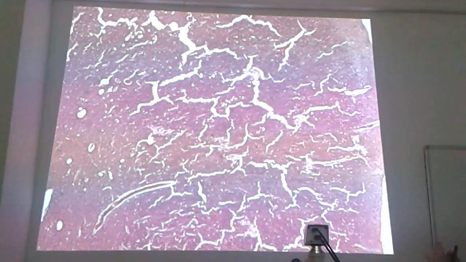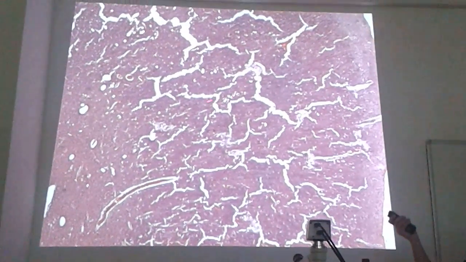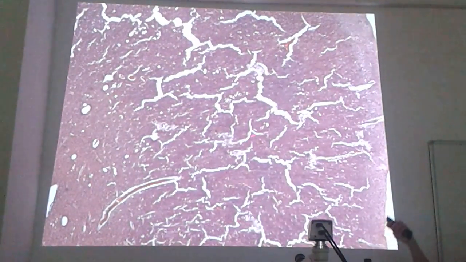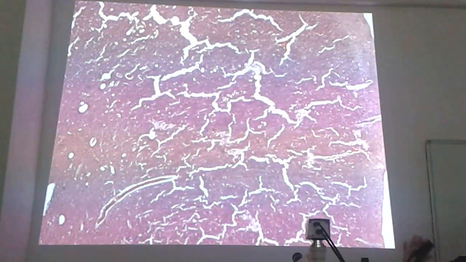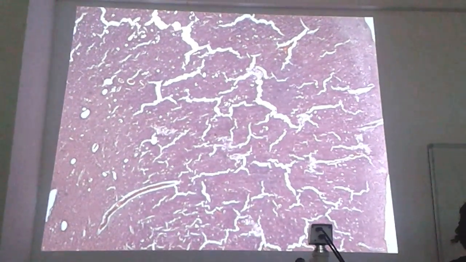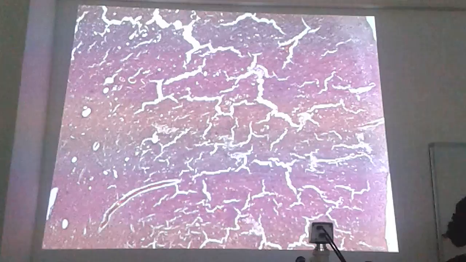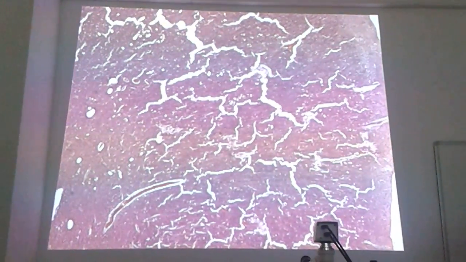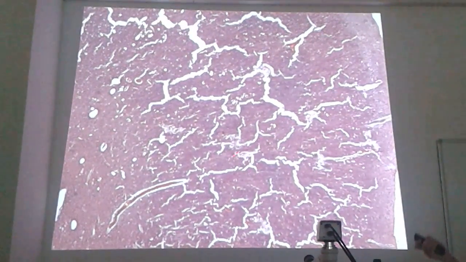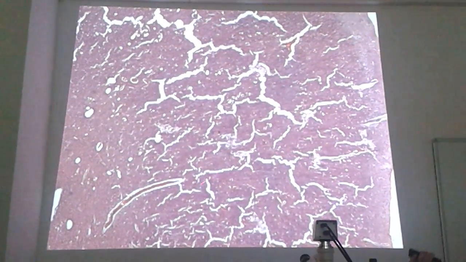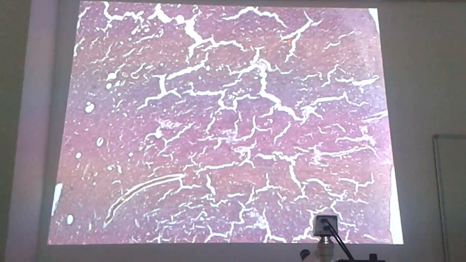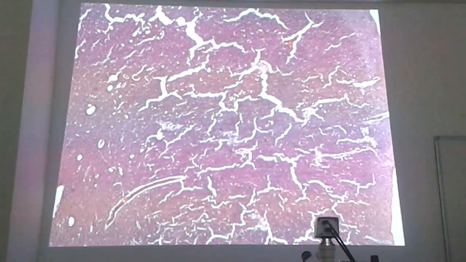But depending on the shape and size of the cells, we subdivide this gray matter into 6 different layers. The logic of the layers is the size and the shape of the cells. But in this gray matter, 70% of the cells are pyramidal cells.